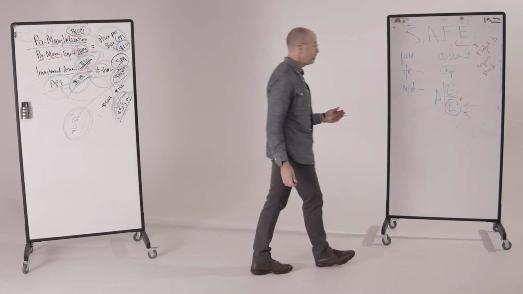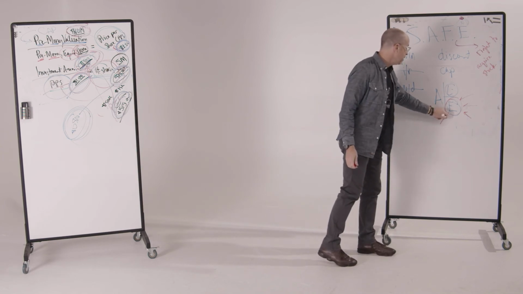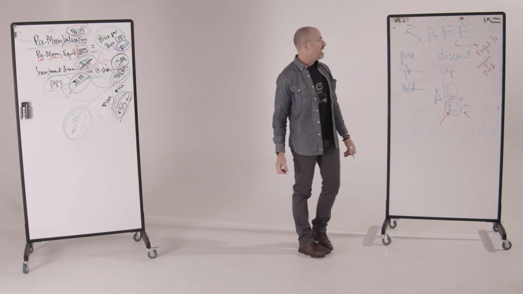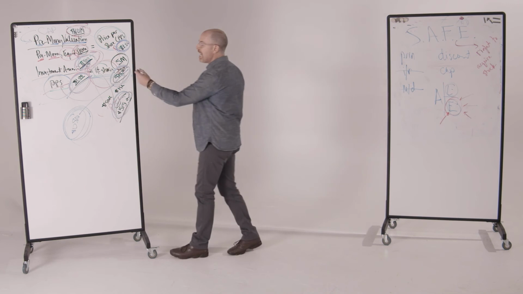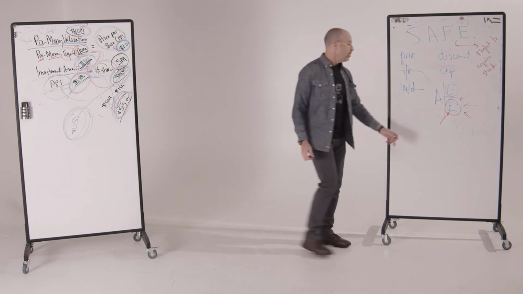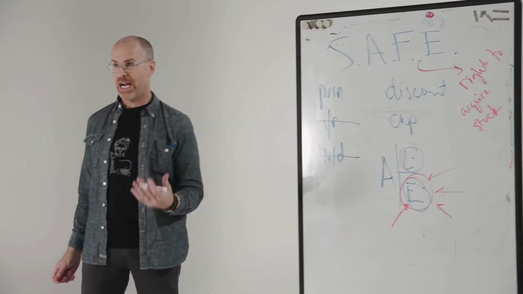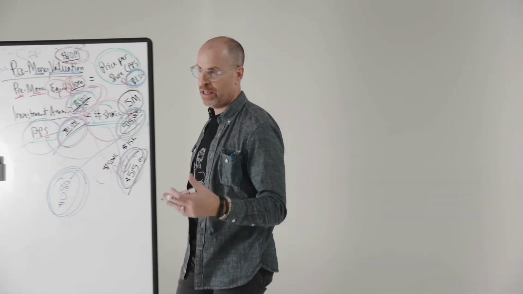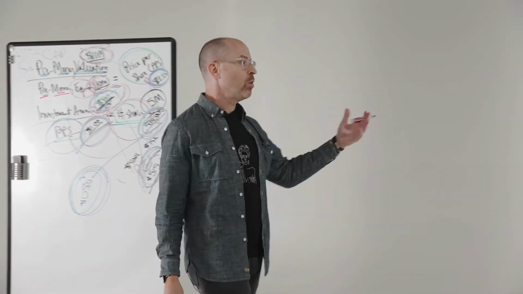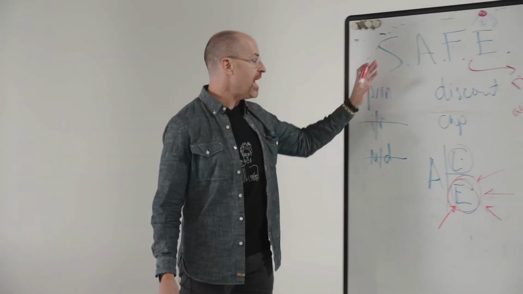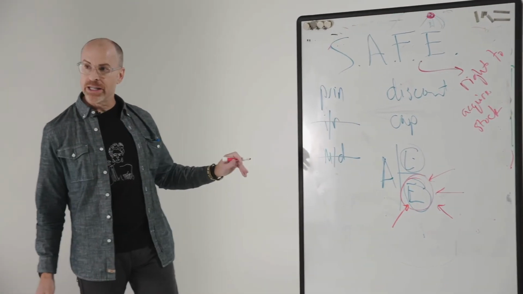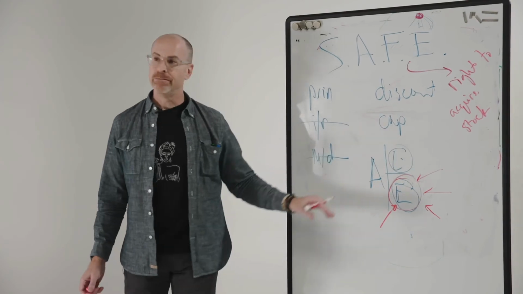Same for a safe. It lives in equity. It's not literal shares quite yet, but it's situated in the equity quadrant. It is in effect a stock option. It's in effect a warrant. It is a right to acquire stock, stripped down of any complexity and made very simple.